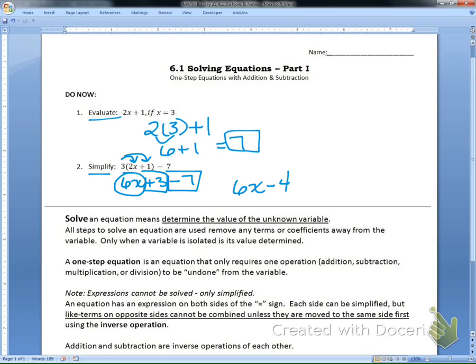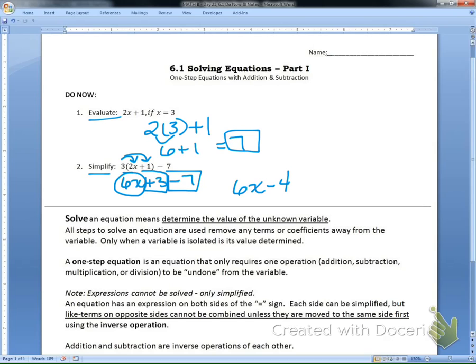You do this with what's called inverse operations. In today's lesson, we're going to be looking at the inverse operations of addition and subtraction. Addition and subtraction are inverse operations of each other. To undo addition, you have to subtract. To undo subtraction, you have to add.